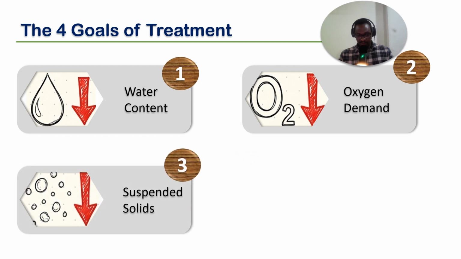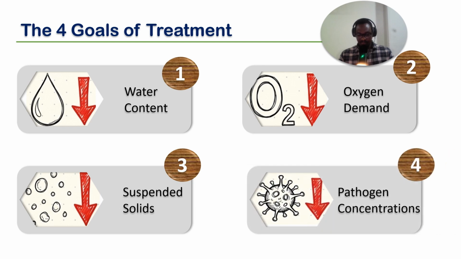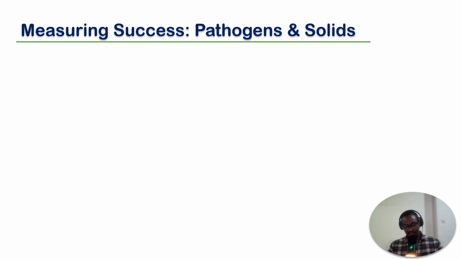And then the other thing to do with our treatment goals is suspended solids. We need to manage them, concentrate them so that we can easily remove them from the water or waste that has come with this moisture. Then lastly is to do with the pathogen concentrations. So we need to manage these pathogens and ensure that they don't get into the environment and cause us problems.